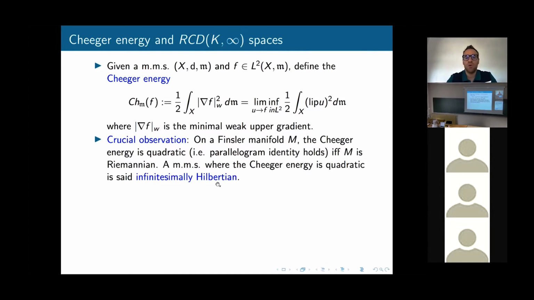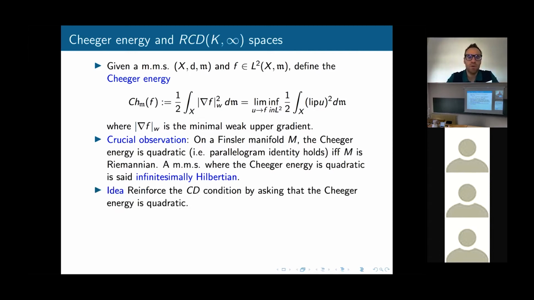Okay, so a metric measure space where the Cheeger energy is quadratic is said to be infinitesimally Hilbertian, and it is what we have in mind as a kind of non-smooth Riemannian space. Okay, and now, since this rules out Finsler geometries, the idea is to reinforce the CD condition by asking that the Cheeger energy is quadratic.